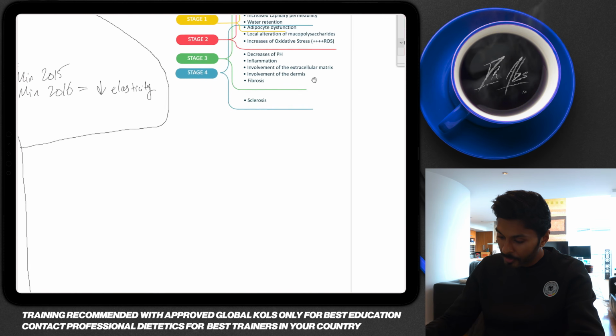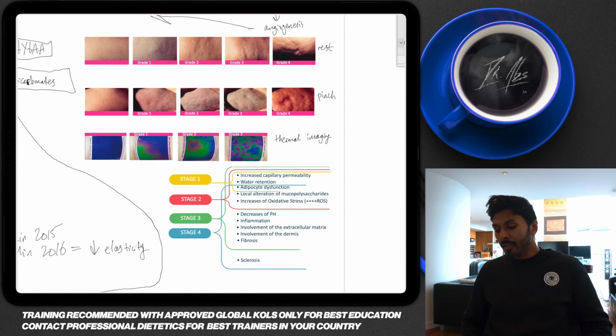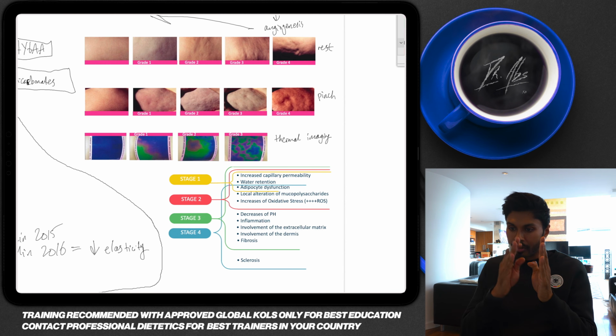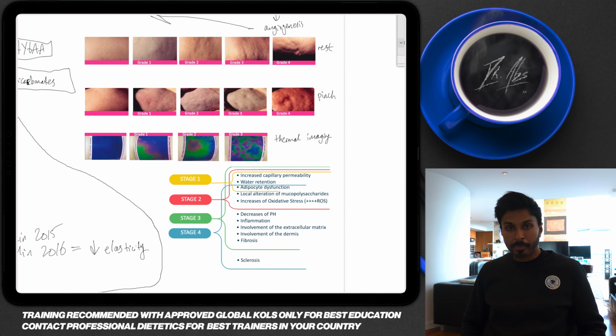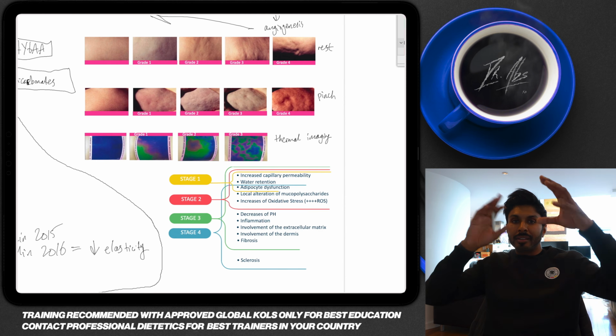Let's move that up. So grade 1 to 4, in terms of the pictures, looks like a hard demarcation between them all. But actually it's a spectrum. And you can have a patient that is, say, mostly grade 2.